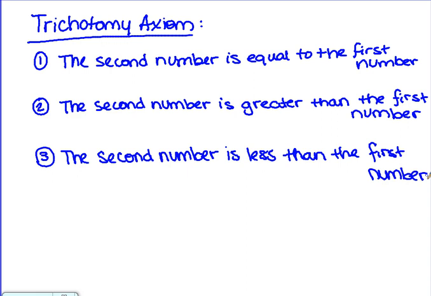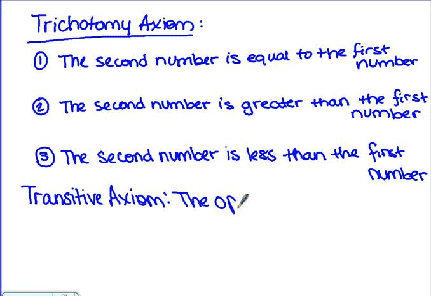When we talk about the transitive axiom, we can call this the opposite. So the opposite would be true. For example, in the trichotomy axiom, the second number is equal to the first number. The opposite would be that the second number is not equal to the first number.